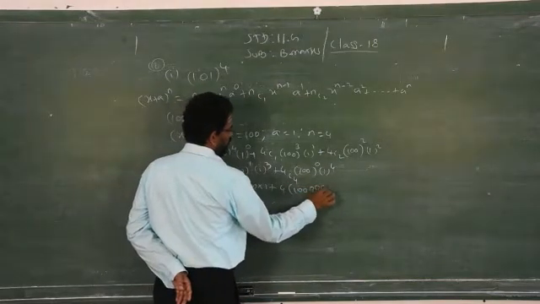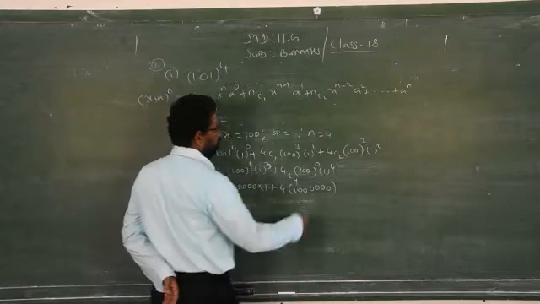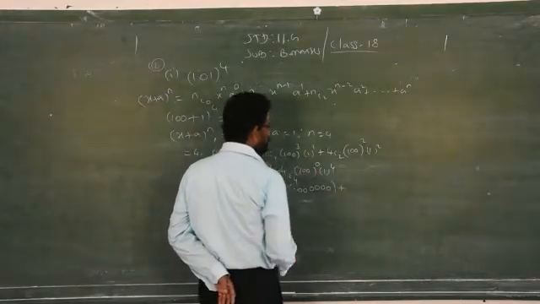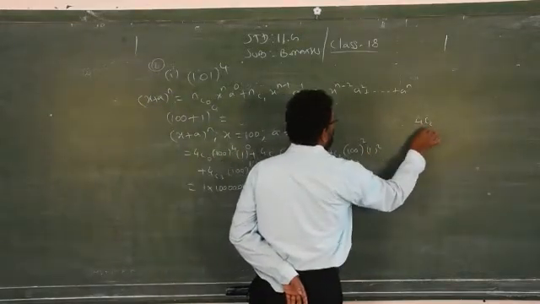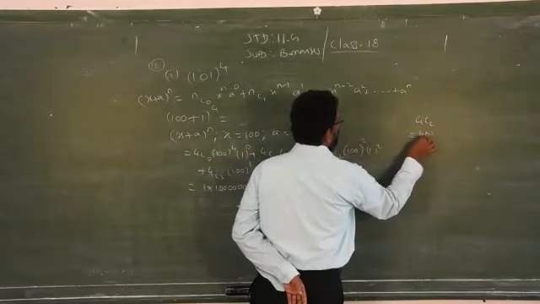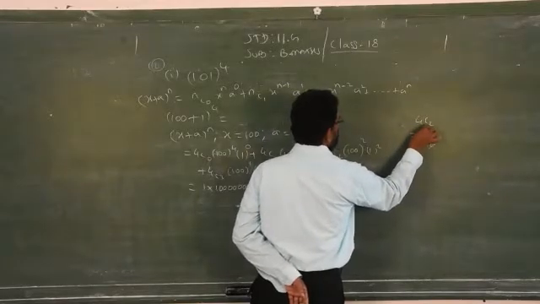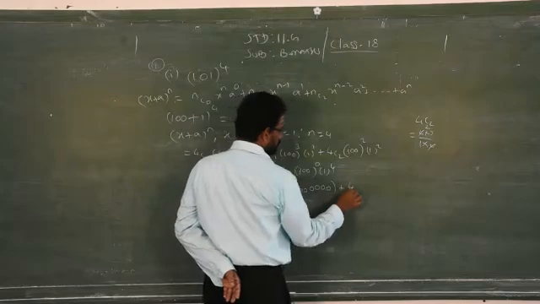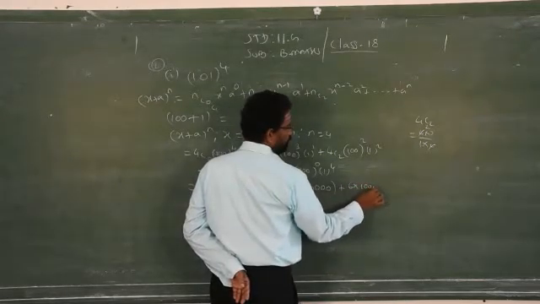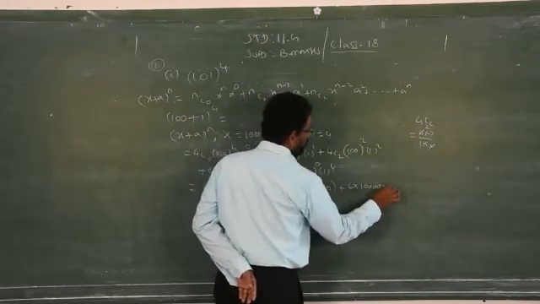You have to write 1 power 1 is 1, plus 4C2. What is meant by 4C2? 4 into 3 by 1 into 2 gets cancelled. So 2 3s are 6. 6 into 100 power 2 into 1.